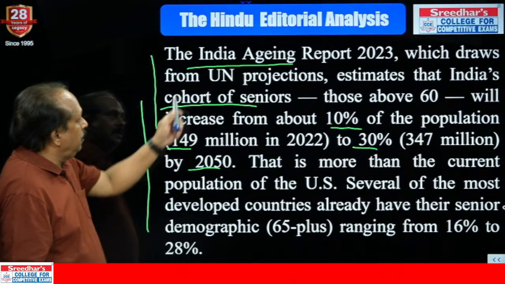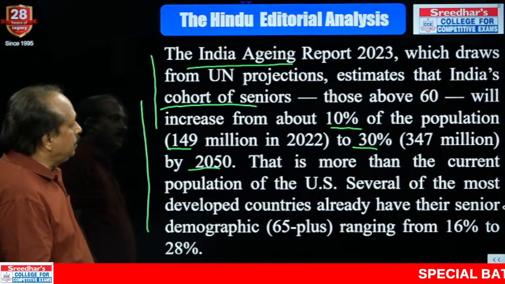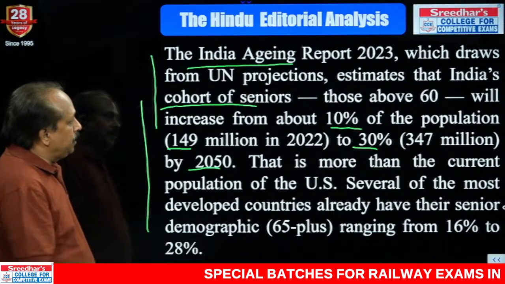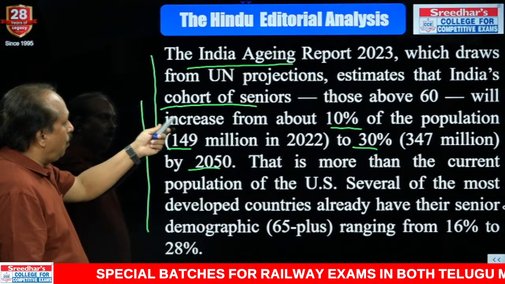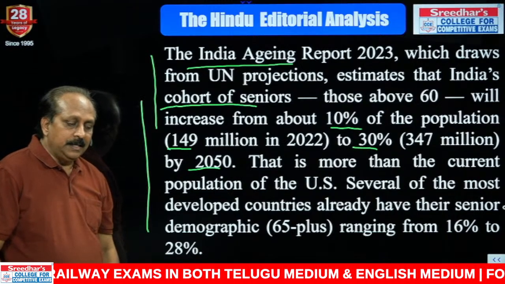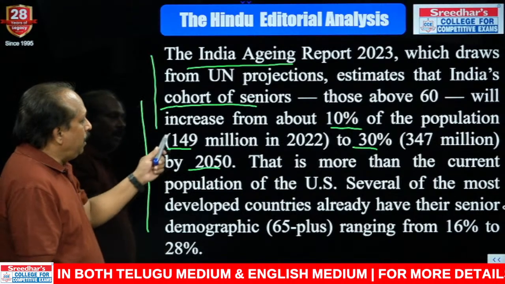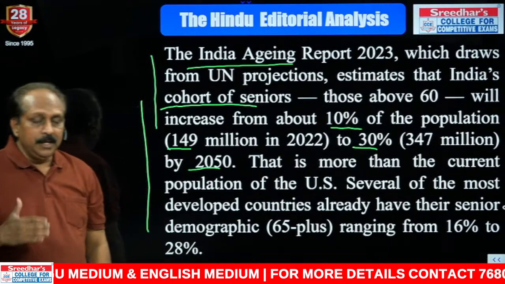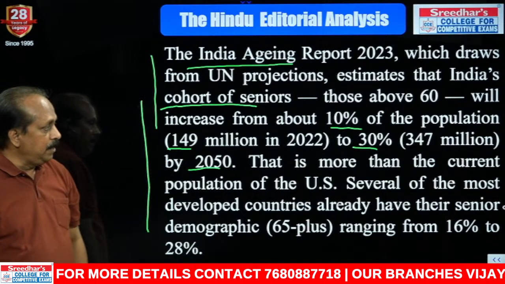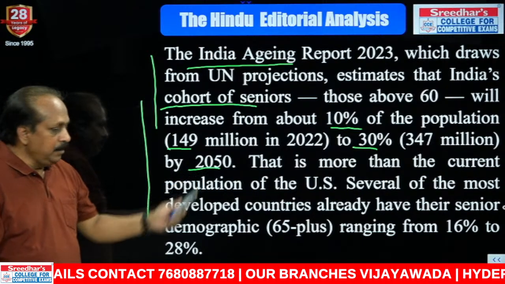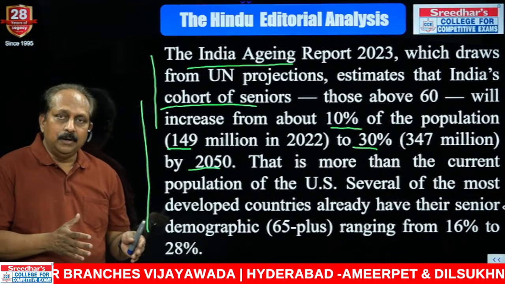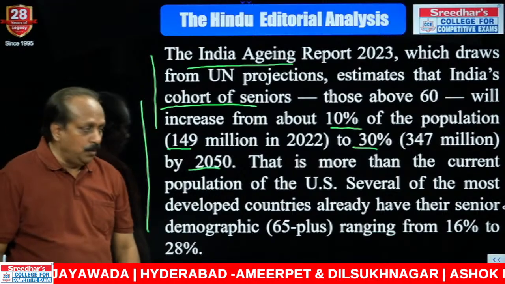According to the India Aging Report, collecting the information from UN projections, it estimates that India's cohort of seniors, that means those above 60, when do we say senior citizens, 60 plus, will increase, their percentage will increase from what to what? 10% to 30%, 149 million to 347 million by 2050. It also says this number is equivalent to the current population of the US.